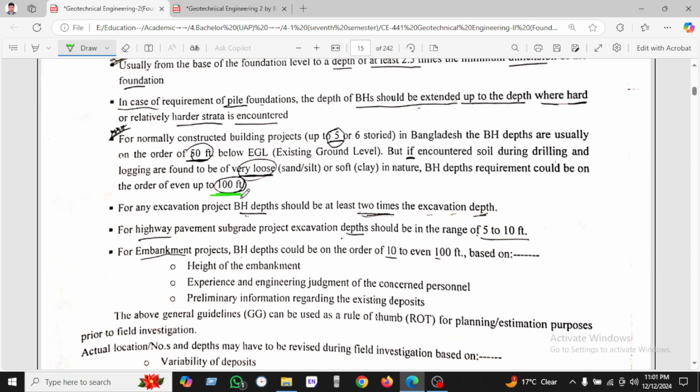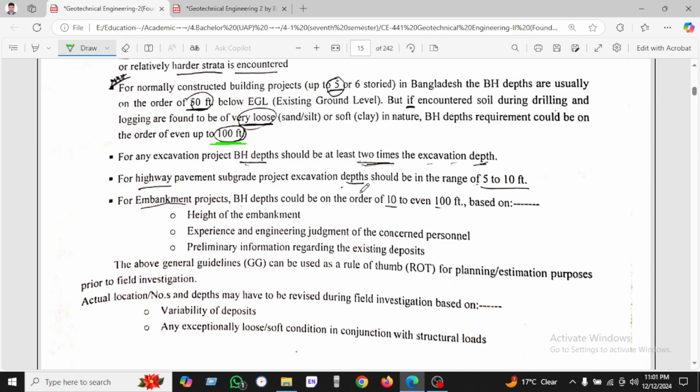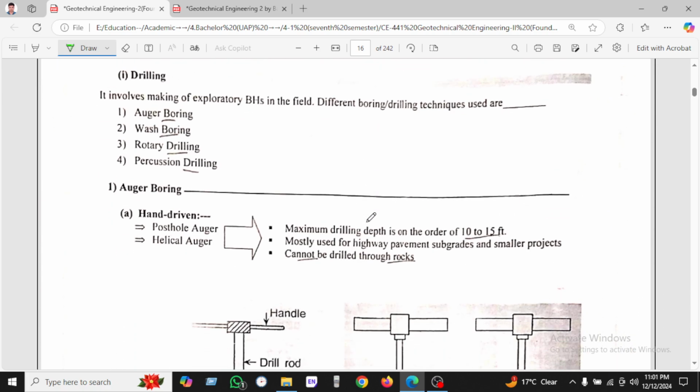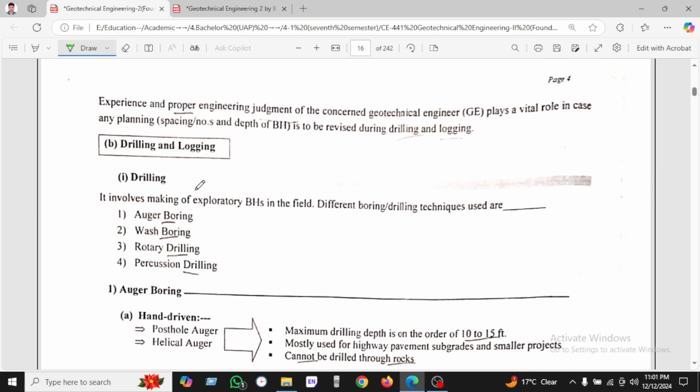For any excavation project, borehole depth should be at least 2 times the excavation depth, and for highway embankments the excavation should be 5 to 10 feet, and for embankment projects borehole depth should be 10 to 100 feet. Okay, so let's see here some drilling and logging.